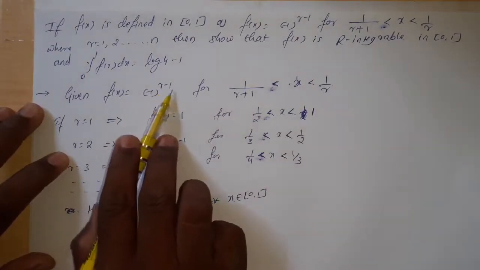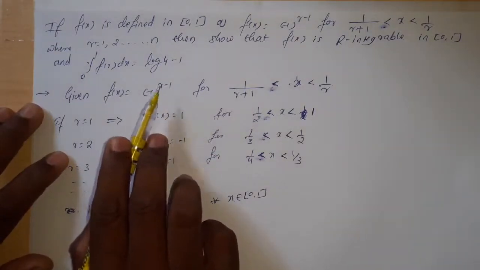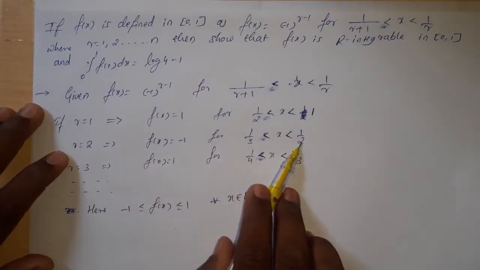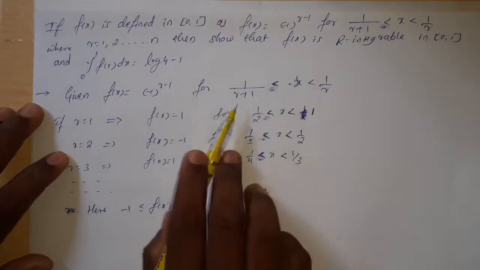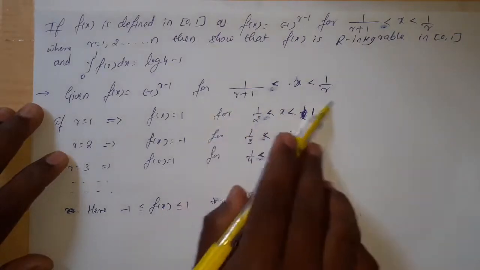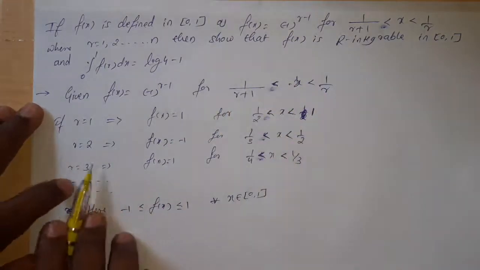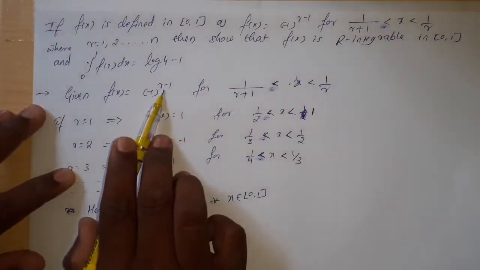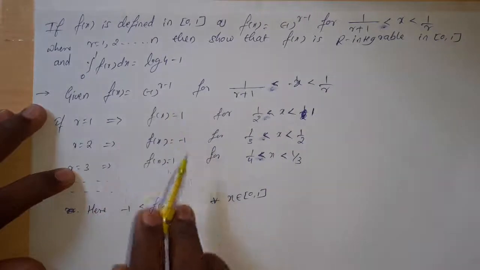and for r equal to 2, here (minus 1) whole power 2 minus 1, that is (minus 1) whole power 1, that is equal to minus 1, for 1 by 3 less than x less than 1 by 2, by substituting r equal to 2 in this equation. Then for r equal to 3, this becomes (minus 1) whole power 3 minus 1, that is (minus 1) whole square, that is plus 1.